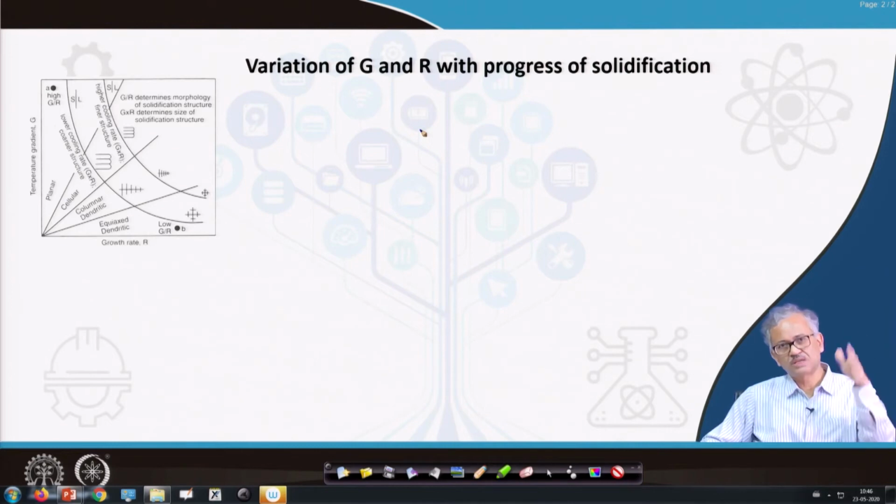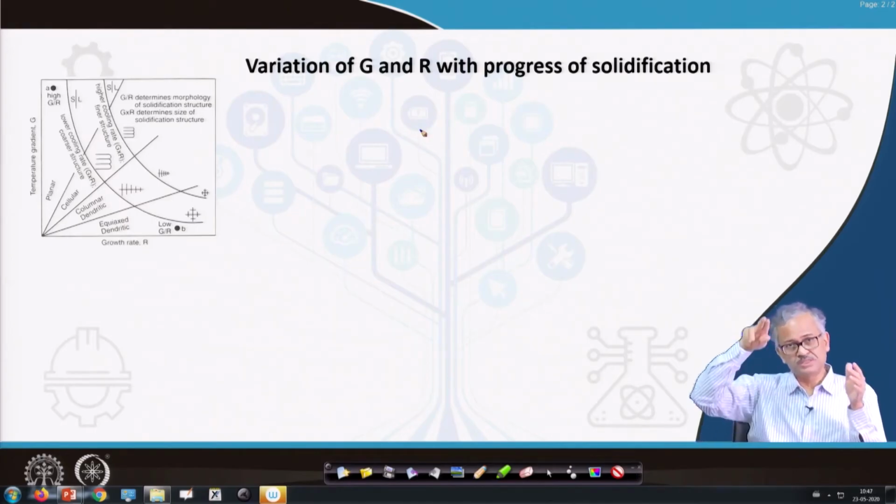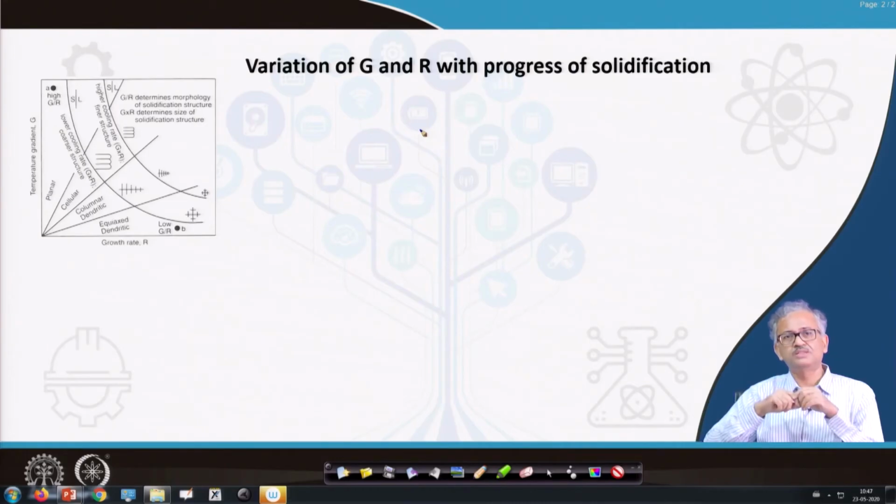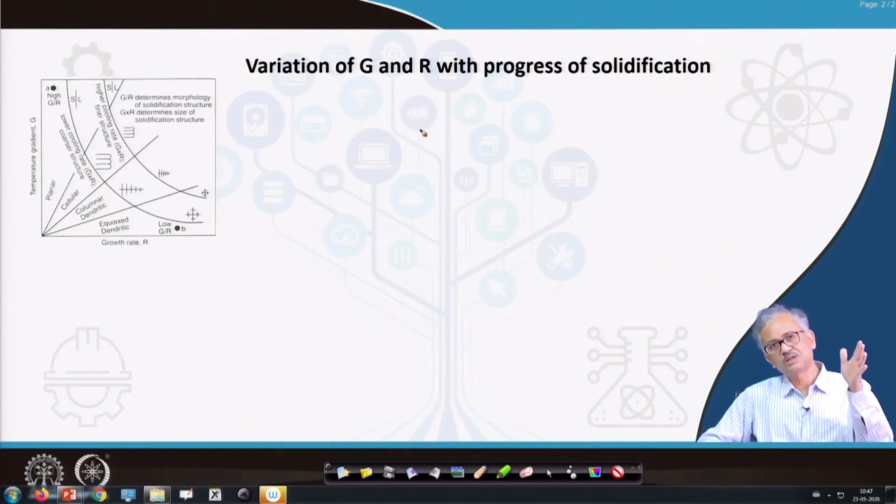Or you can say the mold surface temperature will go on increasing, and also the liquid temperature goes down. As a result, the temperature gradient will decrease. Do you understand? The temperature gradient will decrease because the liquid temperature decreases with time.